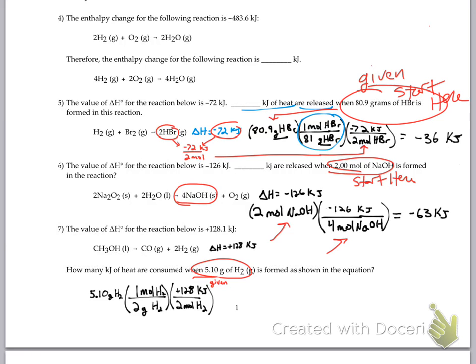Then we multiply by the energy per mole ratio of 128 kilojoules by 2 moles of H2. Now we know that there's 2 moles of H2 because of our coefficient in our balanced equation. That yields about 163 kilojoules of energy consumed in this reaction.